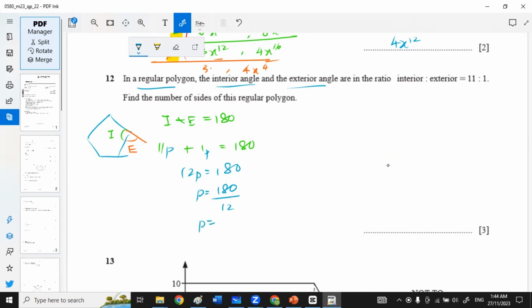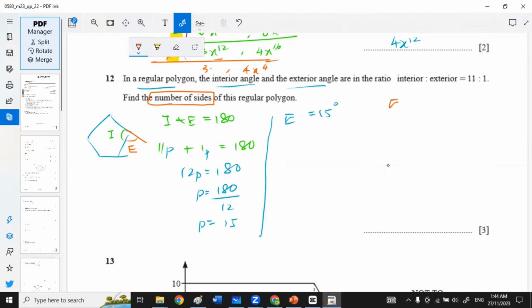So your E is equal to 15, or your exterior angle equals 15 degrees. Now the question asks for the number of sides. For the number of sides, it will be easier if you use the exterior angle.